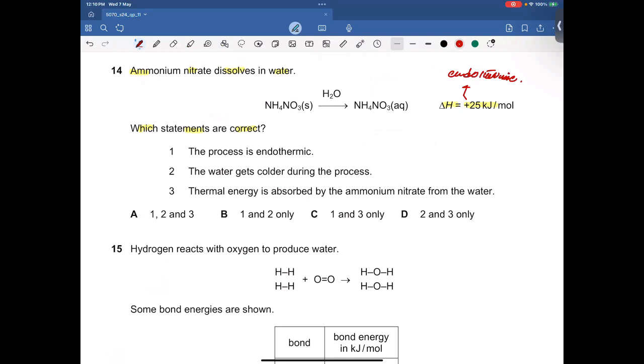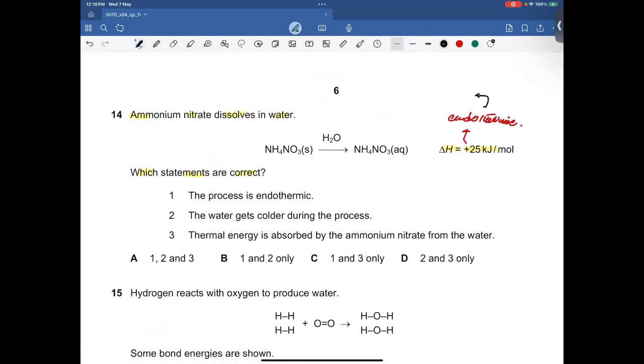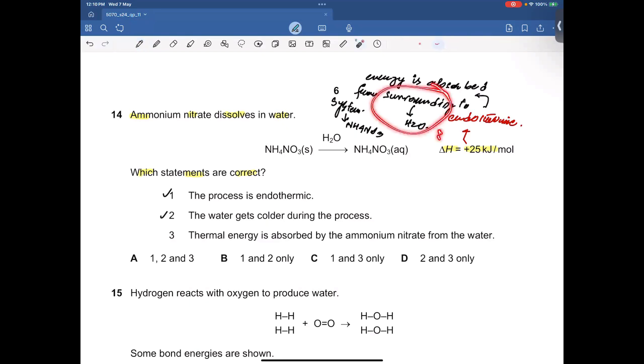Okay, so if it is an endothermic reaction, obviously energy is absorbed from surrounding to system. इस केस में जो सराउंडिंग है वो वाटर है, और इस केस में जो सिस्टम है वो अमोनियम नाइट्रेट है. इसका मतलब एनर्जी जो है वो वाटर से निकलकर अमोनियम नाइट्रेट अब्सॉर्ब करेगा. तो रिएक्शन इज एंडोथर्मिक. फर्स्ट स्टेटमेंट इज राइट. द वाटर गेट्स कोल्डर ड्यूरिंग द प्रोसेस. दैट्स ट्रू, बिकॉज अगर वाटर जो है वो सराउंडिंग है तो सराउंडिंग का टेम्परेचर ड्रॉप होता है, जिसकी वजह से वाटर जो है वो ठंडा होना शुरू हो जाएगा.